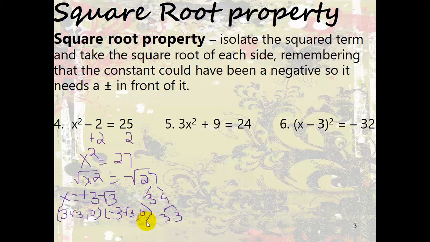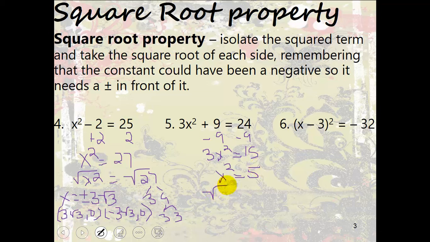On number 5, I'm going to move my 9 over. So I get 3x squared is equal to 15. X squared is equal to 5 when I divide through by 3. Then I'm going to take the square root of both sides.